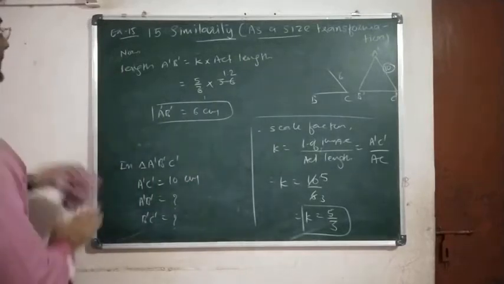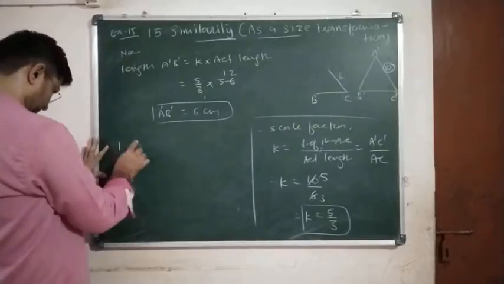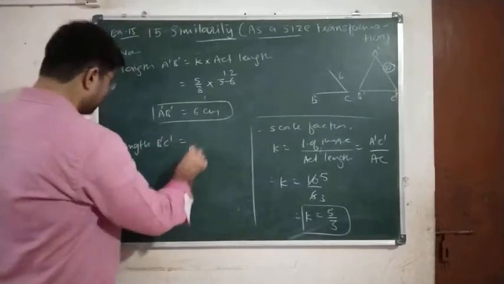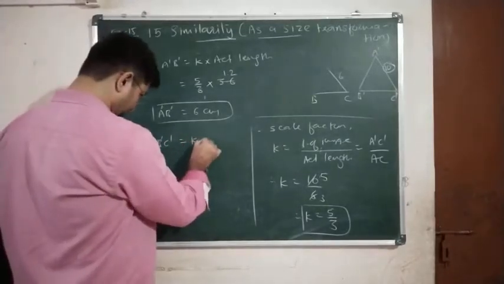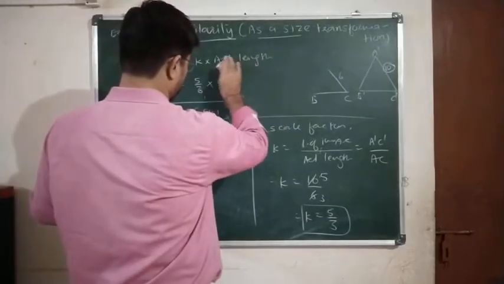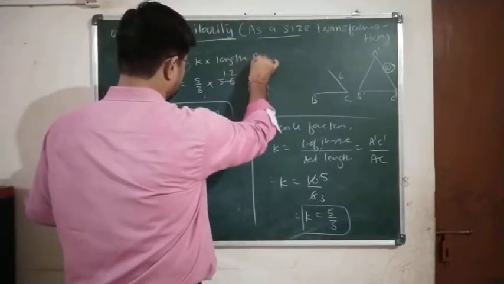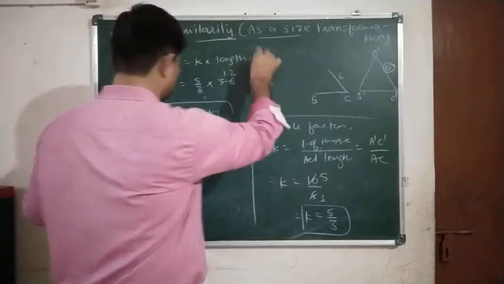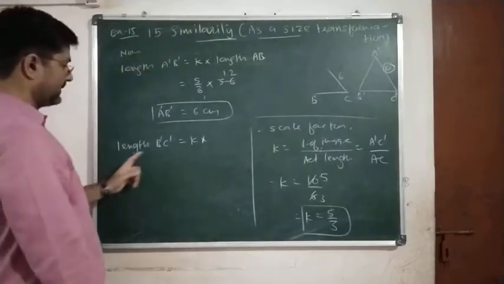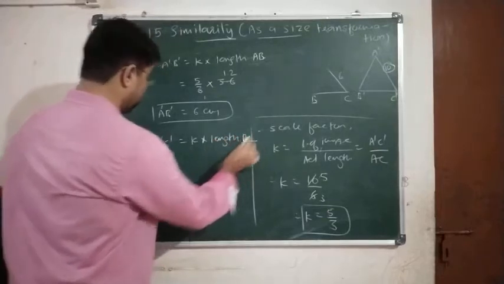Now similarly you can calculate length B'C'. Length B'C' is equal to K into length BC. Rather than write here actual length, we will write here length BC. Sorry, A'B' if you are finding, then K into length AB. Again here length B'C' is equal to K into length BC.